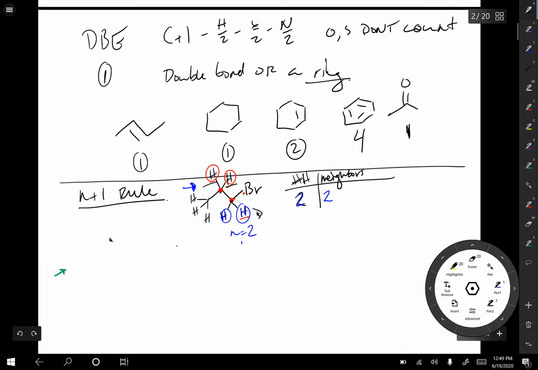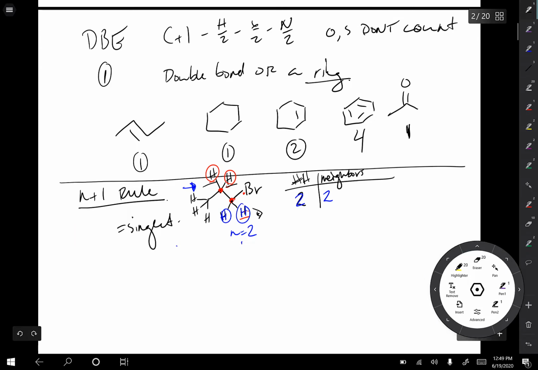So what is the N+1 rule? If you have no neighbors, you are going to have a singlet, okay? And we're going to describe the signal. If you have 0 neighbors, N+1 is 1.